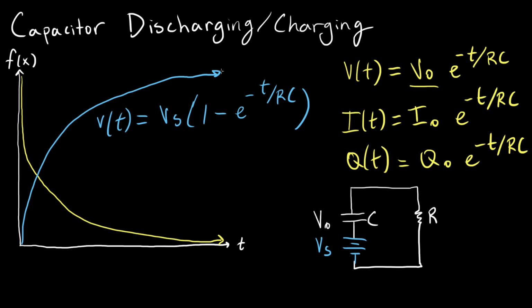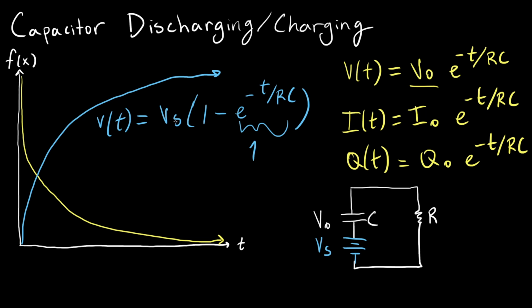So the charging also has an exponential relation. And we can again put times for t to see how the output V of t reacts. So let's say that t is equal to 0. If t is equal to 0, that means that this term is 1. And then 1 minus 1 will be 0.